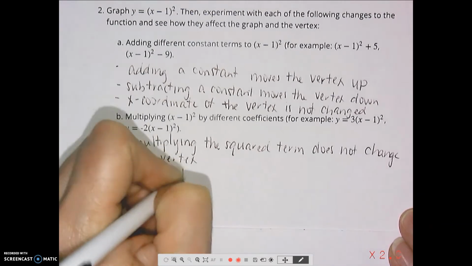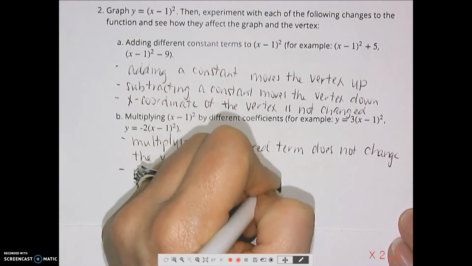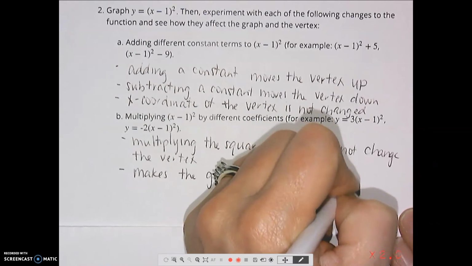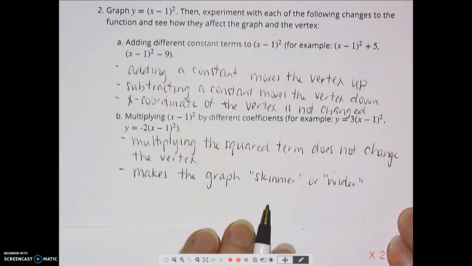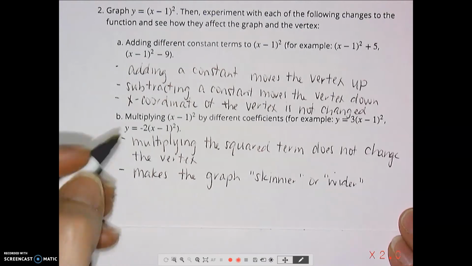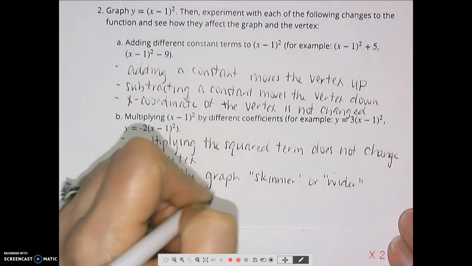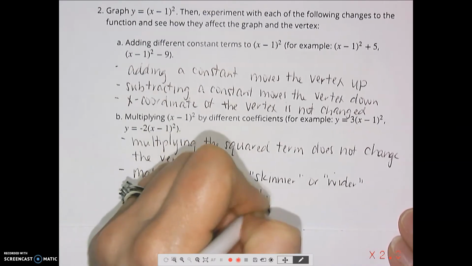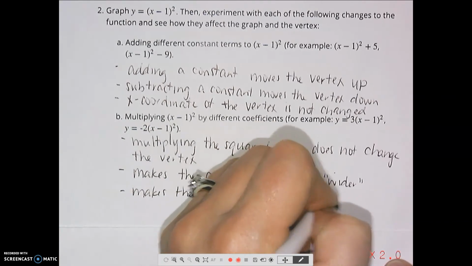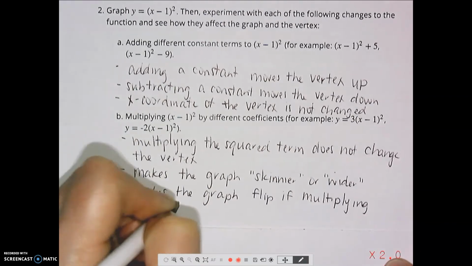It makes the graph skinnier or wider, or you could say more narrow, okay? And it could also make the graph flip if multiplying by a negative.